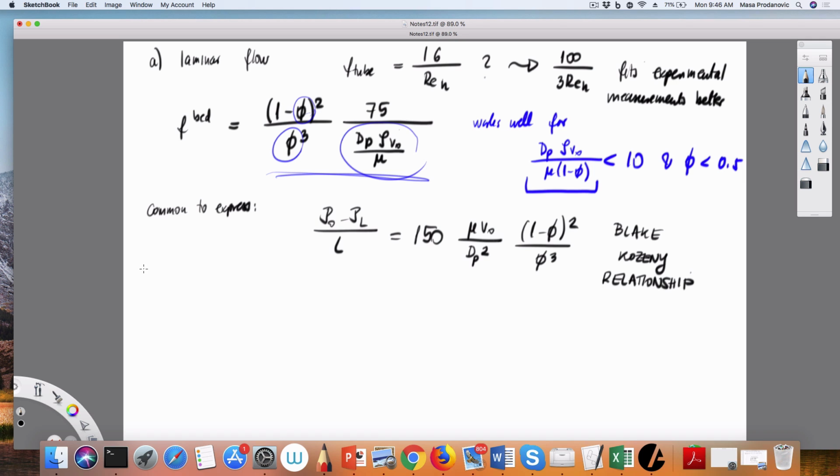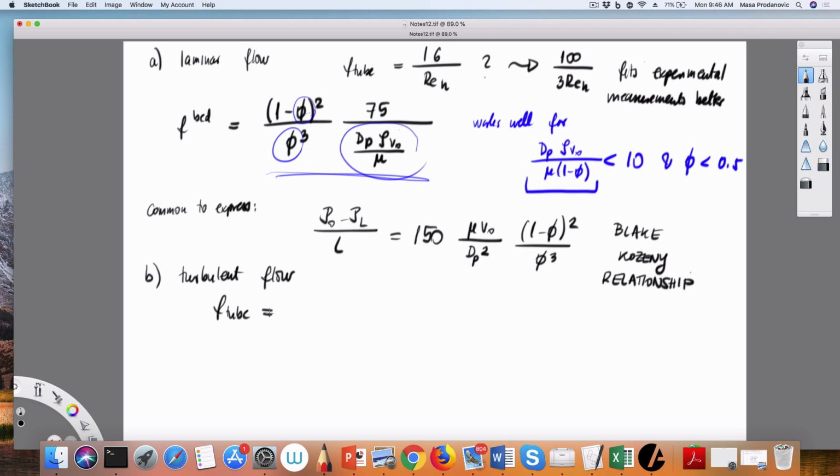All right, what do we do for turbulent flow? For turbulent flow, if you remember, and you probably don't, as you get into turbulent flow, the relationship for the friction factor becomes kind of a constant-ish function.